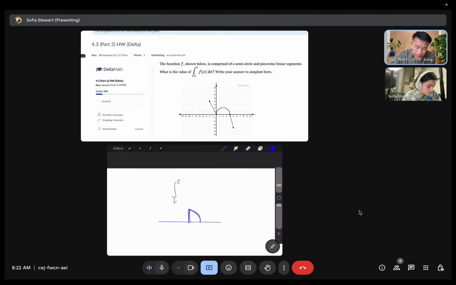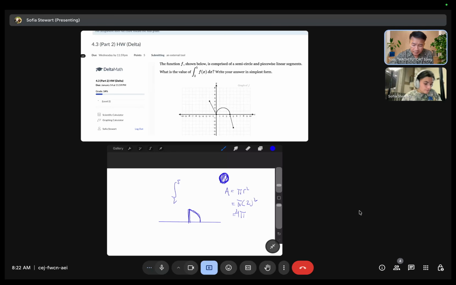Wait. Let's say the whole circle first. The area of the whole circle will be pi r squared. So it's going to be pi times the radius 2 squared, which is 4 pi.